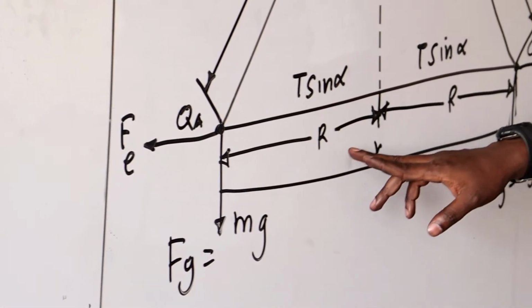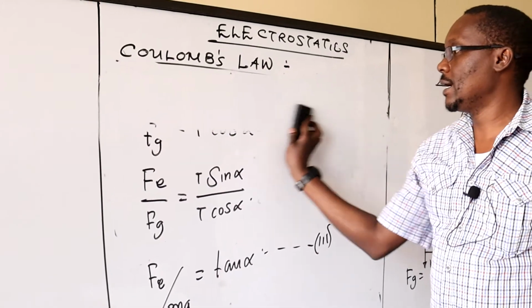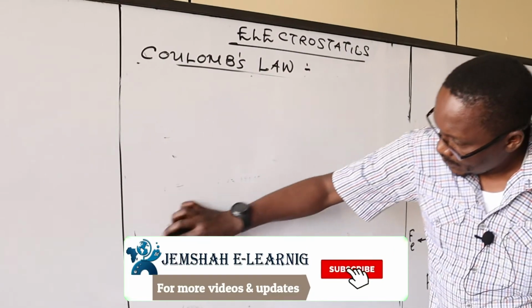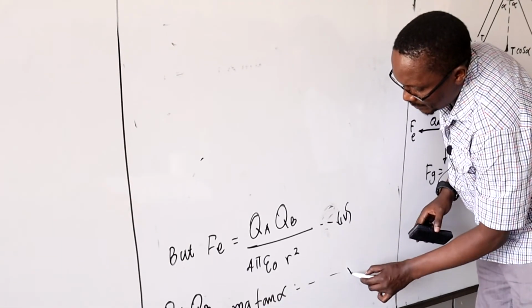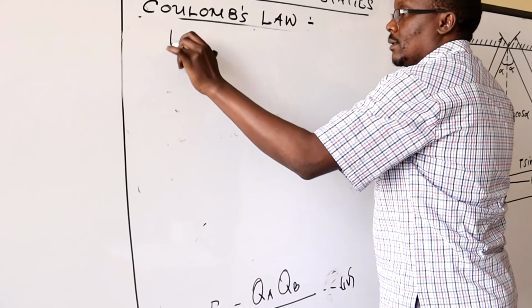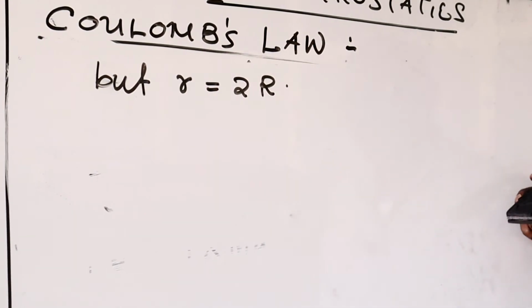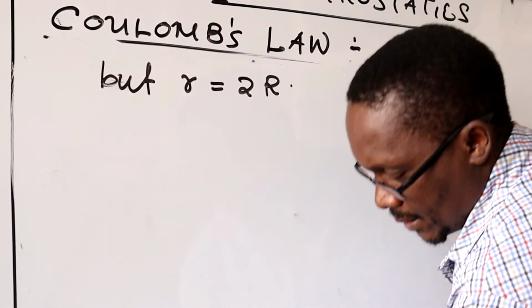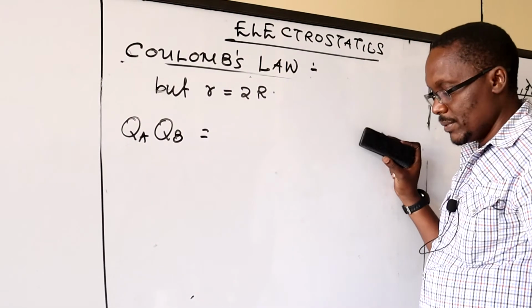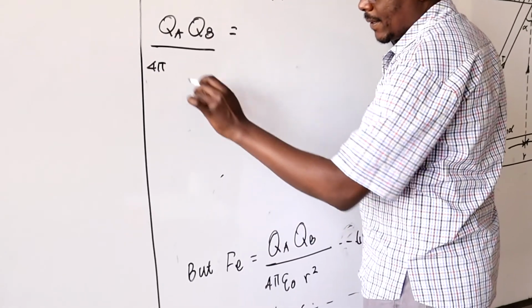Still, instead of having r squared, we can represent this as that r. Yeah? I can say maybe but small r is equal to twice capital R. I can have this as equation number 5, so that small r is equal to 2 capital R, and if I substitute that again, I'll have QA QB over 4 pi epsilon naught.